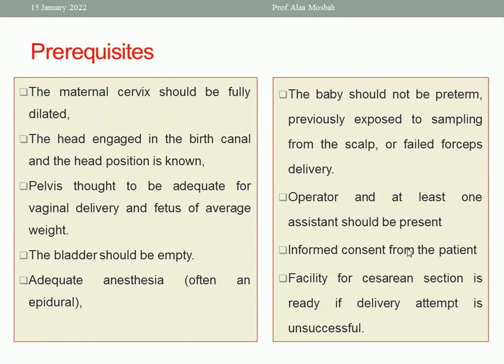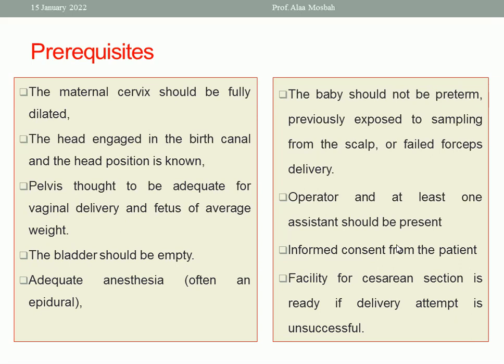What are the prerequisites? Very important, really. The cervix should be fully dilated. The head should be engaged. The bladder should be empty. The patient, of course, should consent and share in the decision of using vacuum delivery; taking her consent is very important. Anesthesia should be available, like epidural anesthesia or another type.